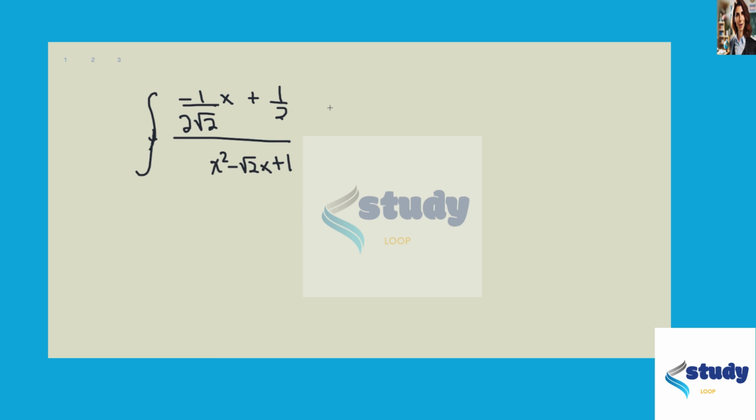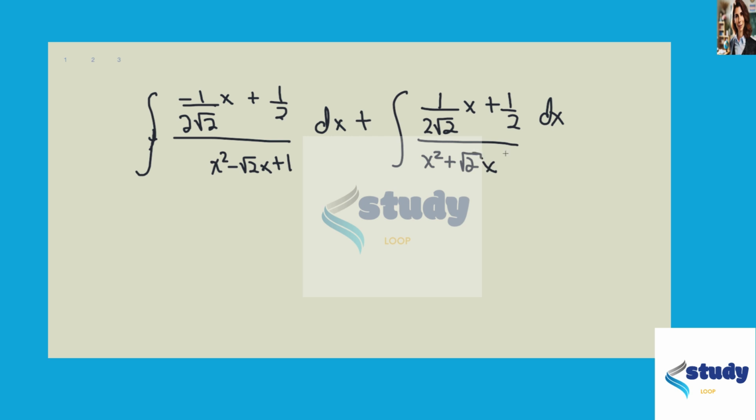We'll have to complete the square on that denominator. And then let me break this integral into 2. And then also over here, same denominator. Oh, not the same. This one has a plus. And the x is not inside the radical, just the 2.